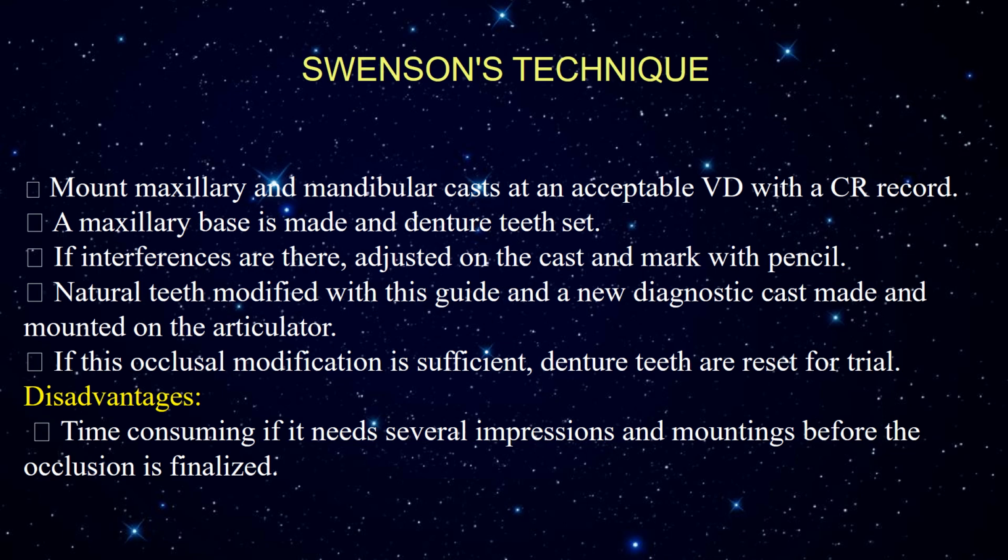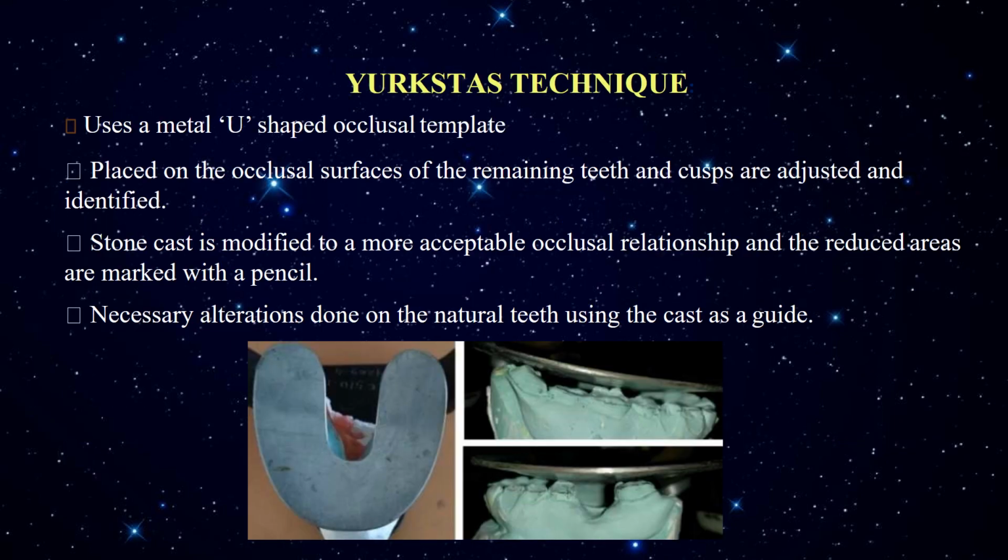If any interferences are there, we just mark them with a pencil on the natural teeth, that is the mandibular teeth, and then the dentist uses these markings on the lower teeth as a reference, and adjusts them in the opposing dentition. Next is Youngster's technique, in which we use a metal U-shaped template.